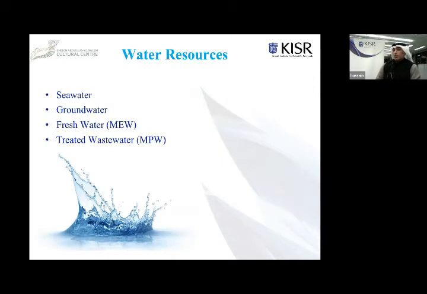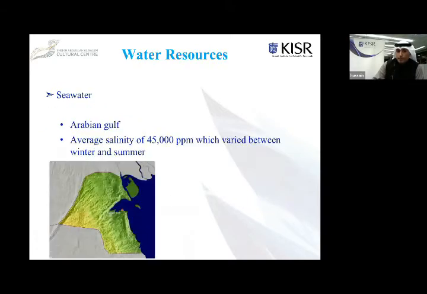Now let's start with the water resources in Kuwait. What are they? If we categorize them, we end up with 4 types, including seawater, groundwater, fresh water presented by the Ministry of Electricity and Water, and treated wastewater, which is presented or modified by the Ministry of Public Works.